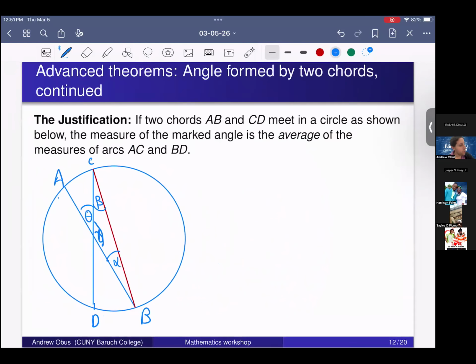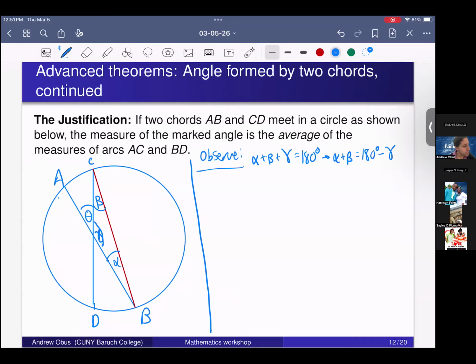Similar to what we had before in the first proof, we have lots of ways of getting angles that add up to 180 degrees. First, alpha plus beta plus gamma equals 180 degrees, or in other words, alpha plus beta equals 180 degrees minus gamma. Also, theta plus gamma equals 180 degrees, which tells us that theta is equal to 180 degrees minus gamma.